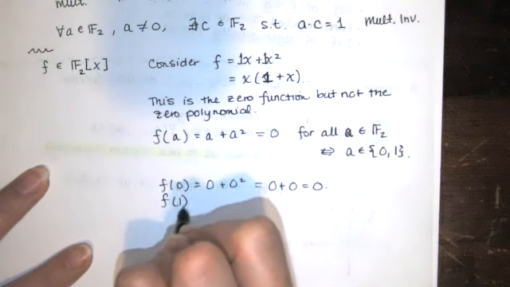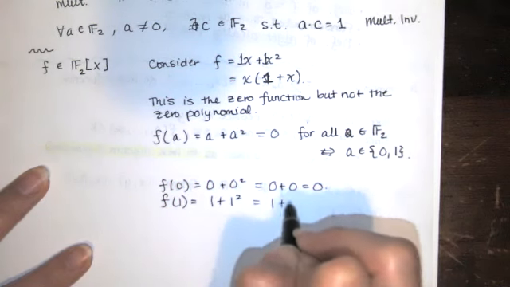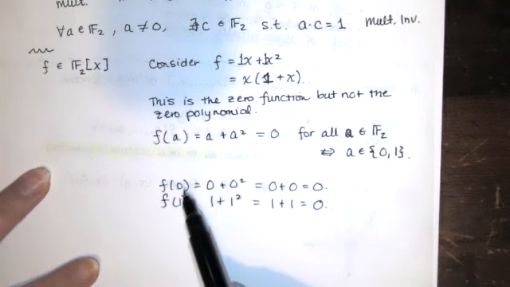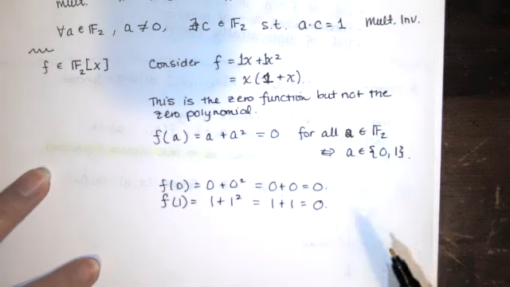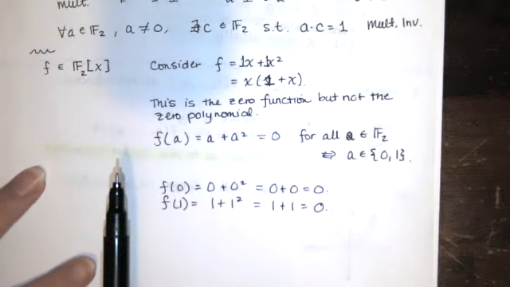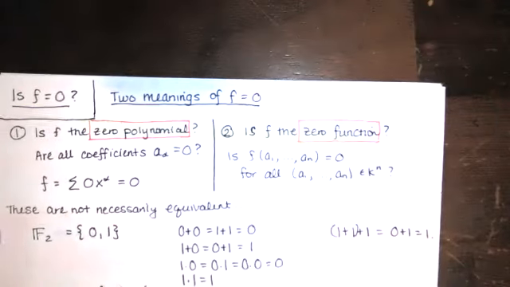And then substitute in 1. That's the other possibility. We've got 1 plus 1 squared. It's 1 plus 1, and 1 plus 1 is defined to be 0. So for every value in this field, F2, we get 0. So this is a zero function, but it's not the zero polynomial.